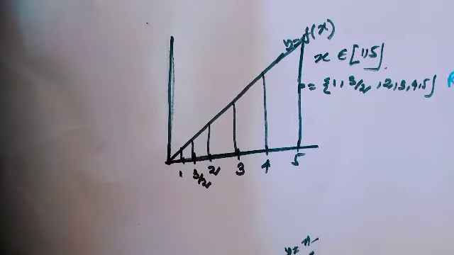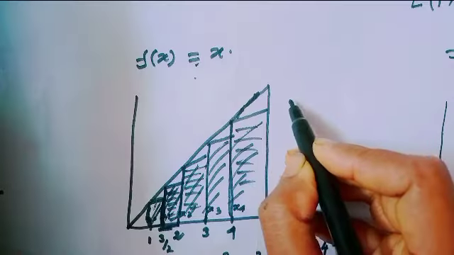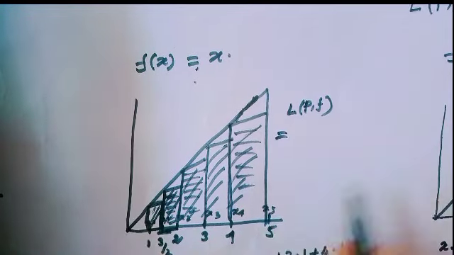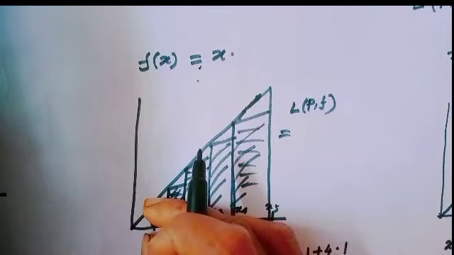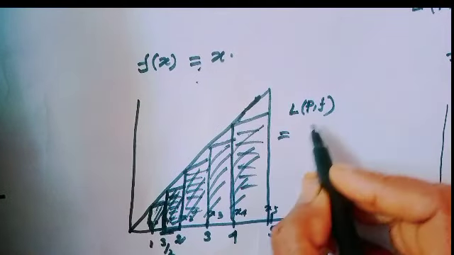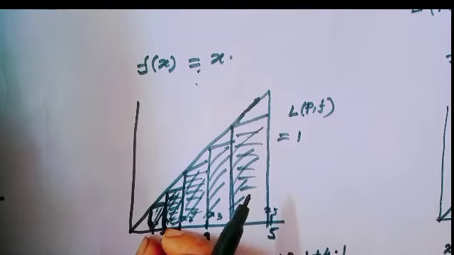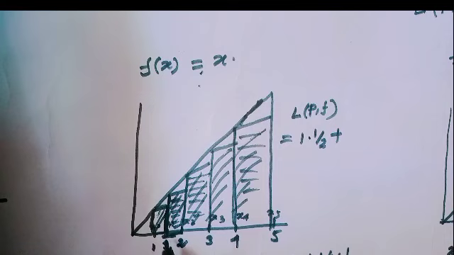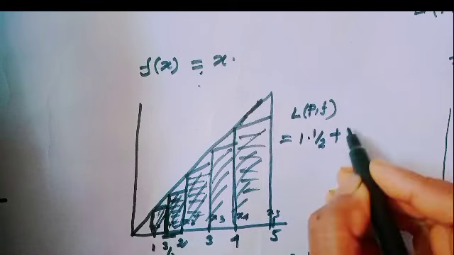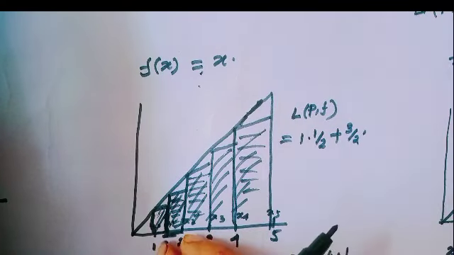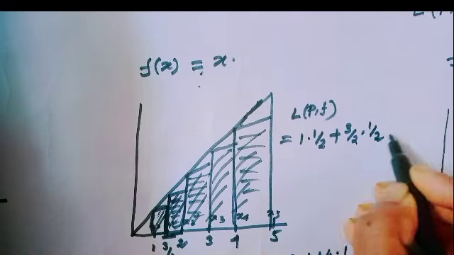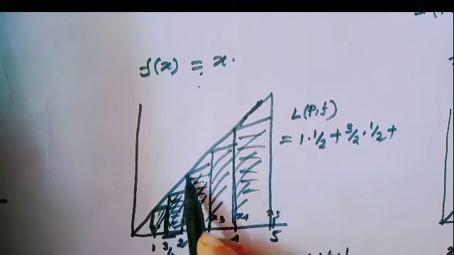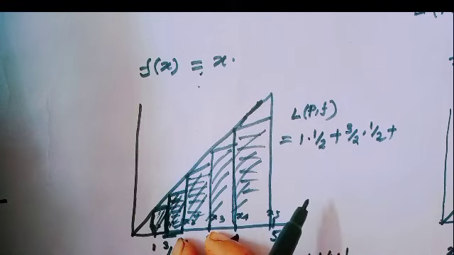Are you getting? For this picture, the value of L(P, f) would be, just think, this height would be 1 and this distance would be half. That means 1 times half, plus this distance is 3/2 times half, plus here this height would be 2 and this distance is 1.